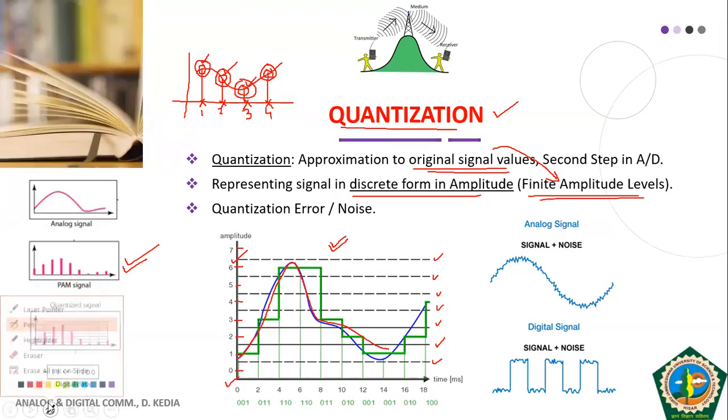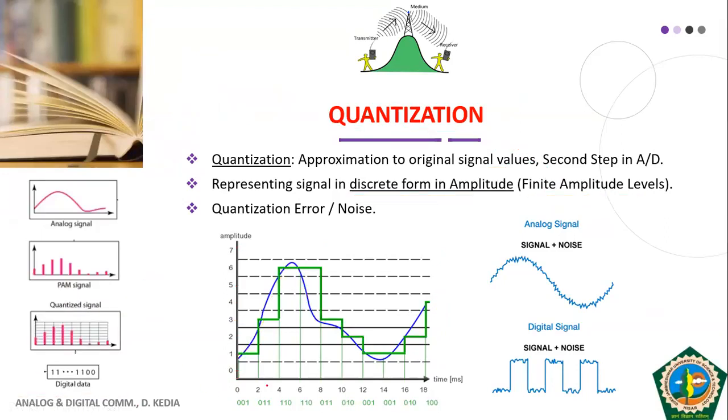That means that if the voltage value of my original signal lies within this range, any value within this range will be considered a single value, that is the center value. So for this entire range of this level, I have considered one single value of the amplitude.